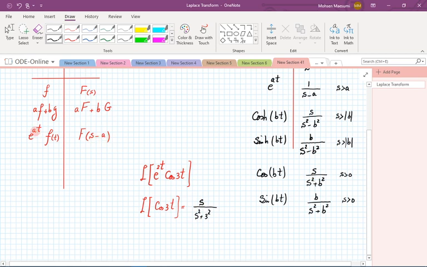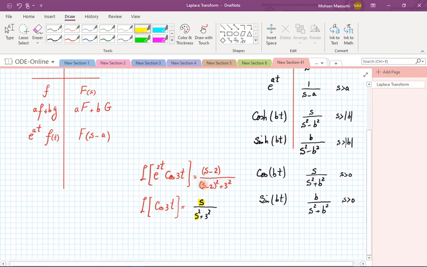So when you multiply by e to the at, your s's get replaced by s minus a. So the s that shows up here has to be replaced, instead of s, by s minus 2, since my a is 2. Same way in the denominator, this is s minus 2 squared plus 3 squared.